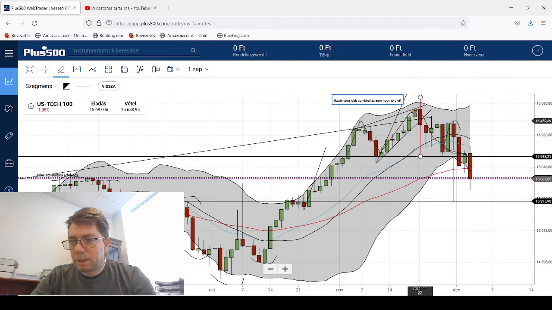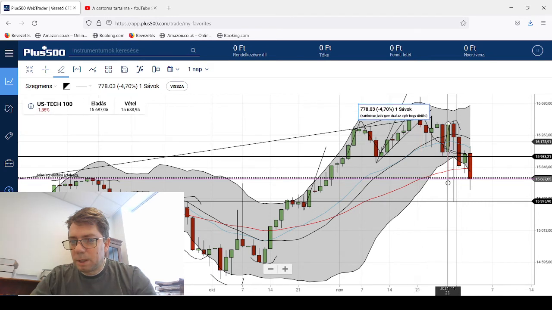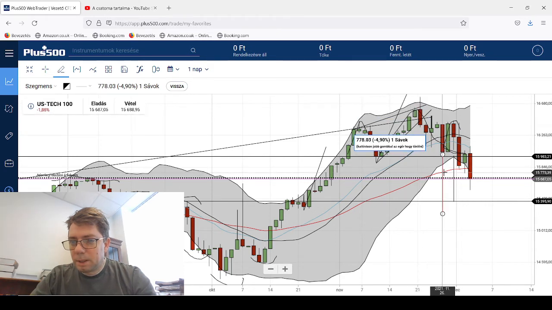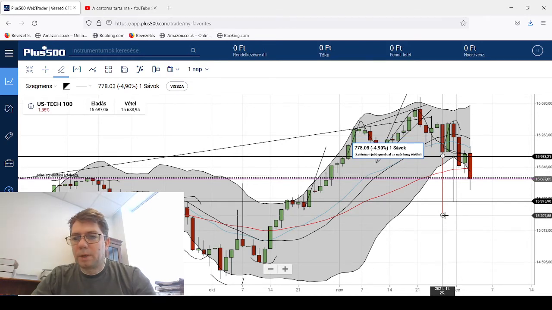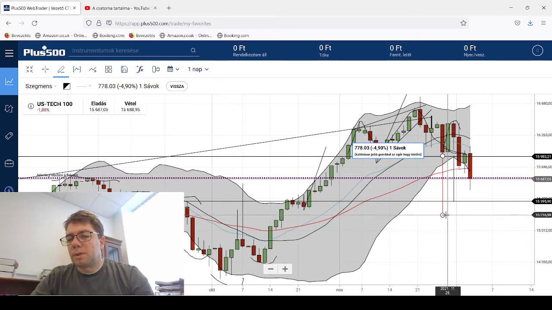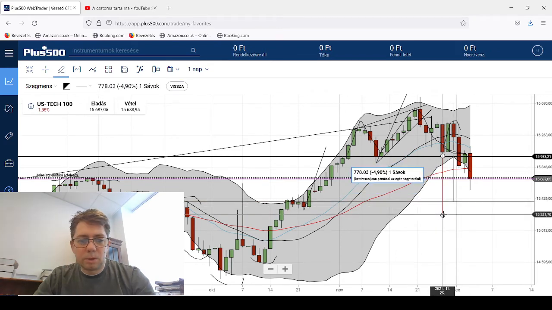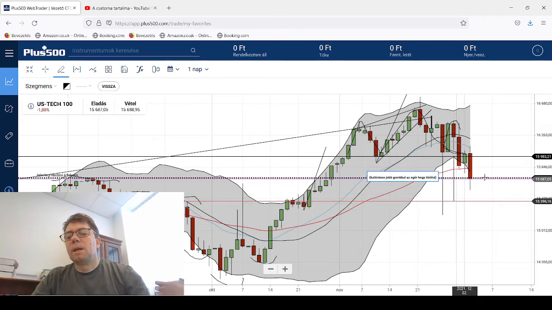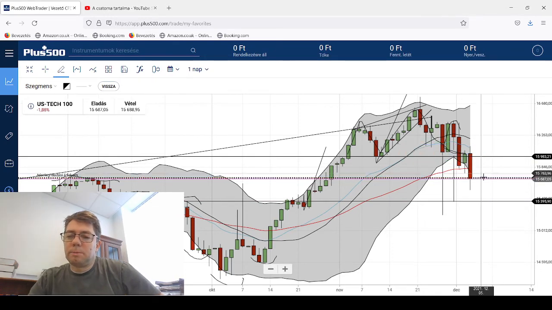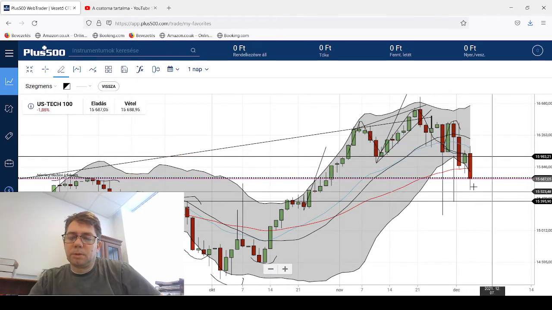Well, a little bit, I think it will be a little bit longer, so we could fall down to 15,210 or so. So once we break below this area, then it is telling me that we are most likely to go to this area. So let's see what happens. Can this support hold? Can we turn back and go to the upside? Or are we going to continue this fall and break to the downside?